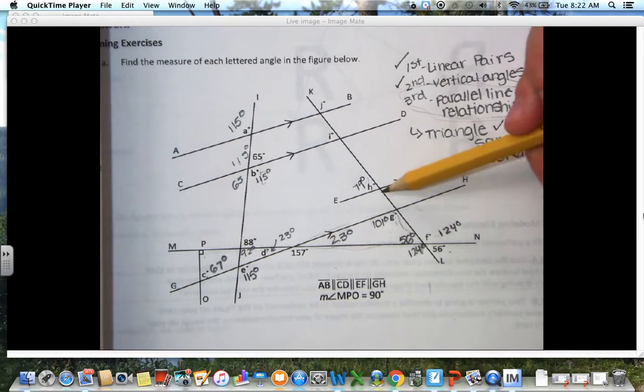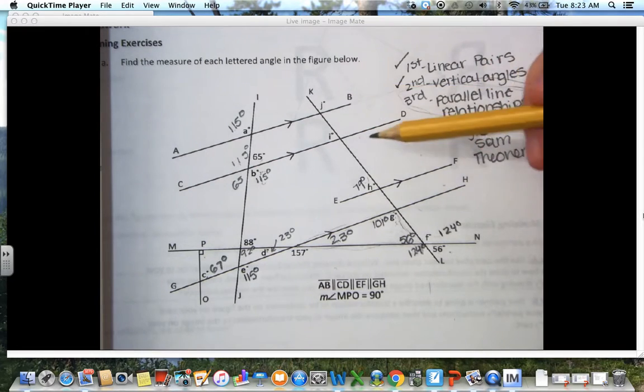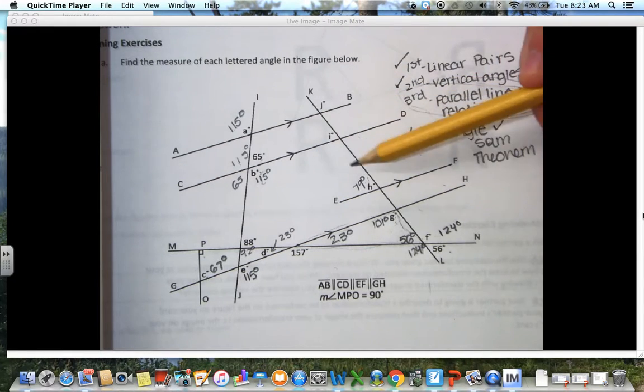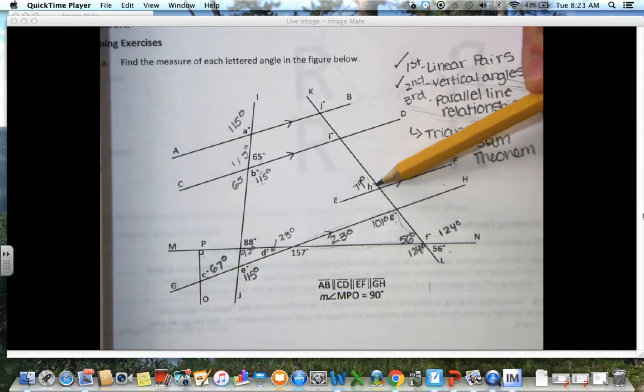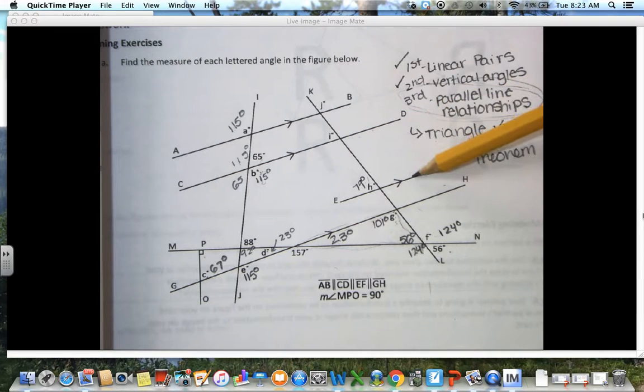Now, let's keep working up this transversal because we've got these two parallel lines and we're almost done, okay? Angle I and angle H are corresponding angles on lines CD and EF.